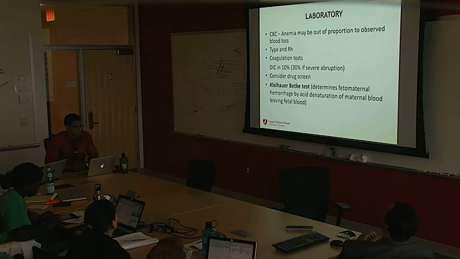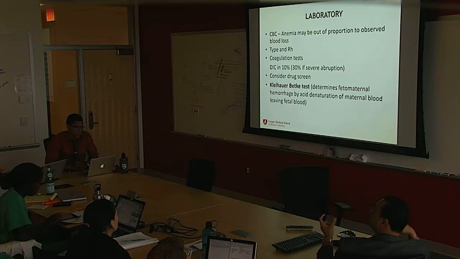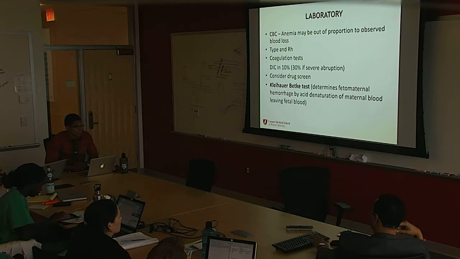So when you get maternal blood and you put a drop of acid, the maternal blood will go away and become like ghost cells, and just a couple of fetal red blood cells will not be affected. And you can tell if there is fetal maternal hemorrhage by this. Okay? And this is from maternal blood.